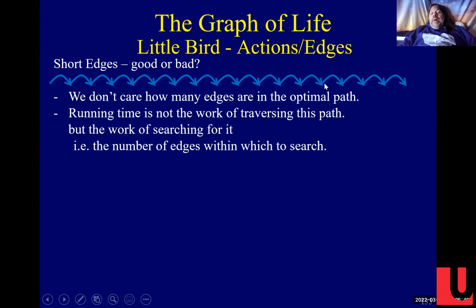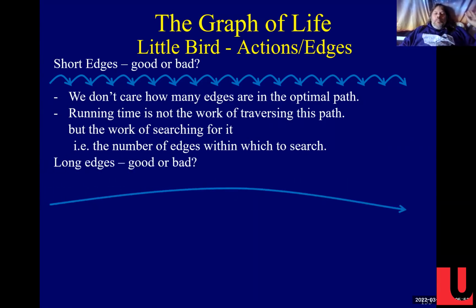We want to have a small number of edges. So this looks bad because there are a lot of edges, but let's turn that around. Here, this looks like a long edge, we only have one edge, where here we have lots of edges. So one might think it's better to have this long edge, right? But anybody want to tell me why it's better to have short edges?